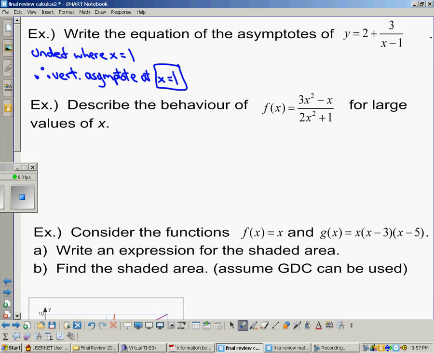Now, for our horizontal asymptotes, we look at what happens as our x values go to positive or negative infinity. So imagine that I put in, say, 100 trillion for x here. So I'd have 3 over 100 trillion minus 1. 3 over 100 trillion is a very, very small number. And if I made it 1,000,000 trillion, then it's going to be an even smaller number. And as I get closer and closer to positive infinity, it's going to be so small that it gets infinitely close to 0. So this part here goes to 0.